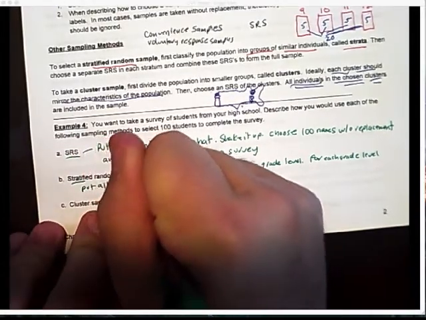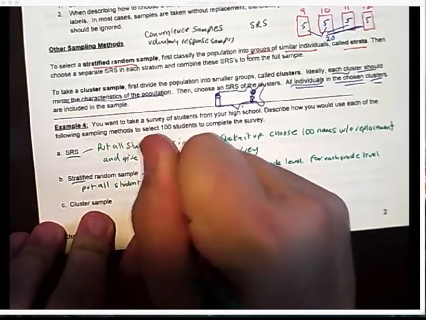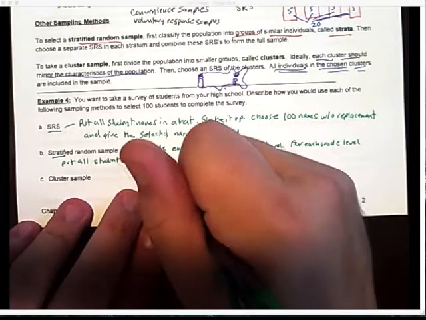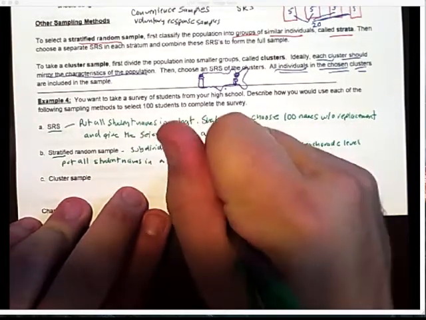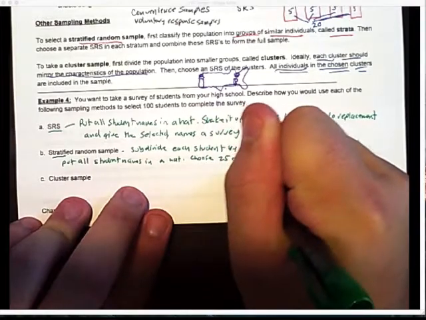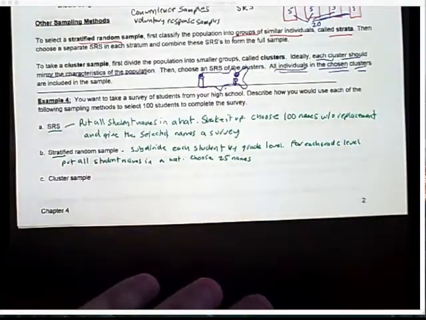For each grade level, put all student names in a hat and choose 25 names.